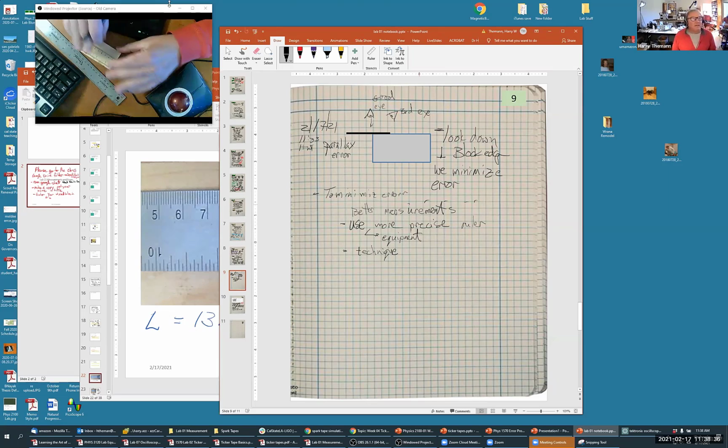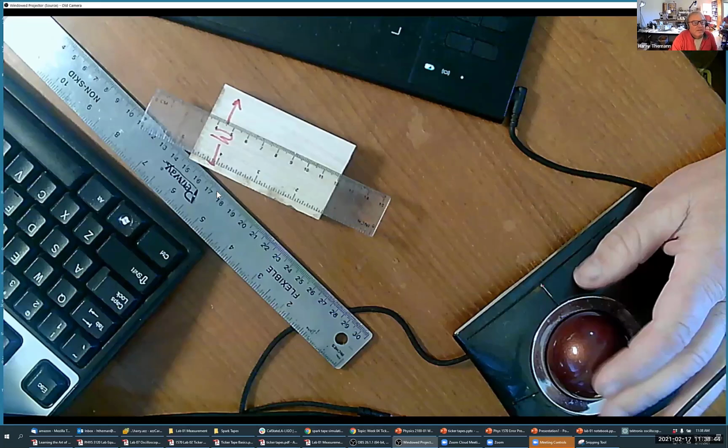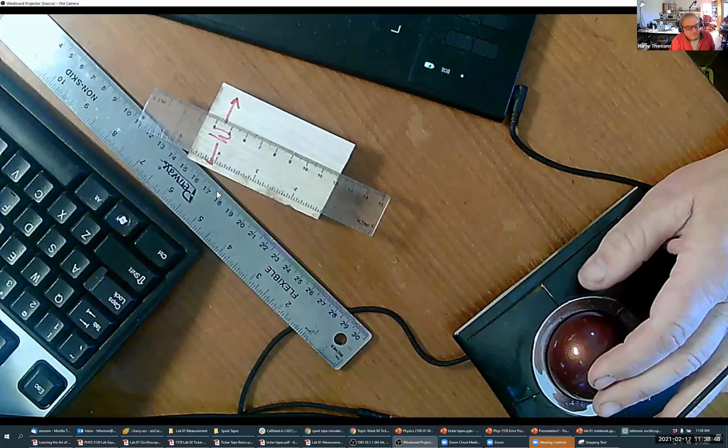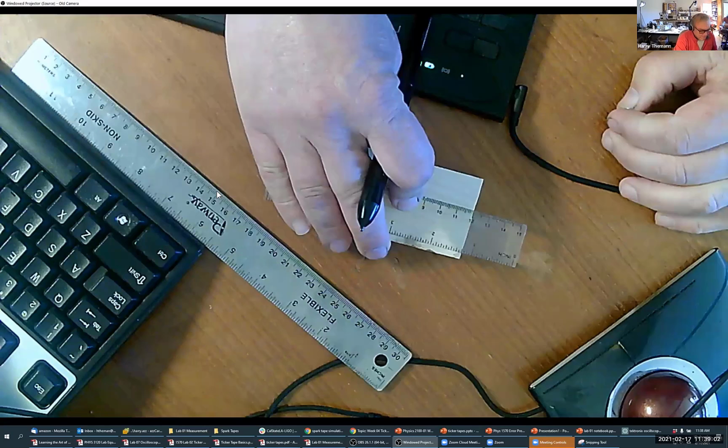And one advantage of a clear ruler is that this really hopefully will dramatically show us the parallax error. Let's see if I can do that. So I will claim that I have it directly on the 12, right? But if I go way over here, it's obviously not on 12 anymore.